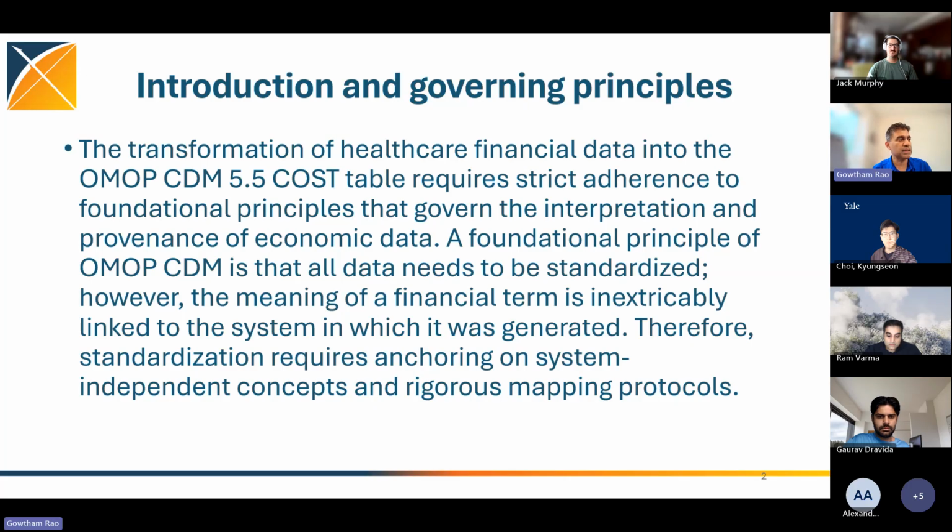The foundational principles: all data needs to be standardized, of course. But the meanings of every financial term should be linked to the source system that it was generated from, so we have to anchor it. Source systems have different naming conventions, so we have to explicitly say what each source naming convention means in the standard system, not leaving any ambiguity to the person doing the ETL.